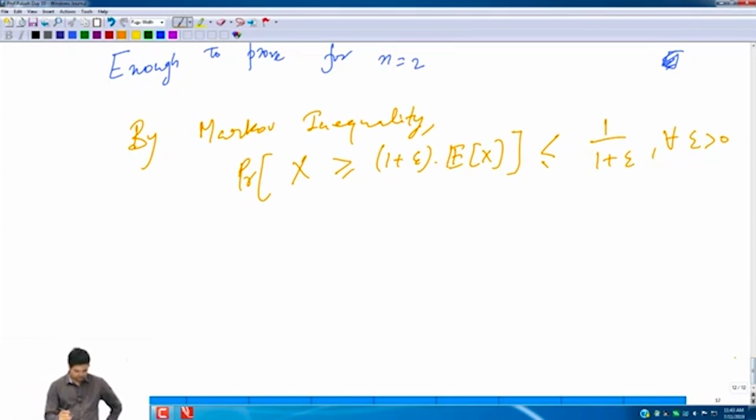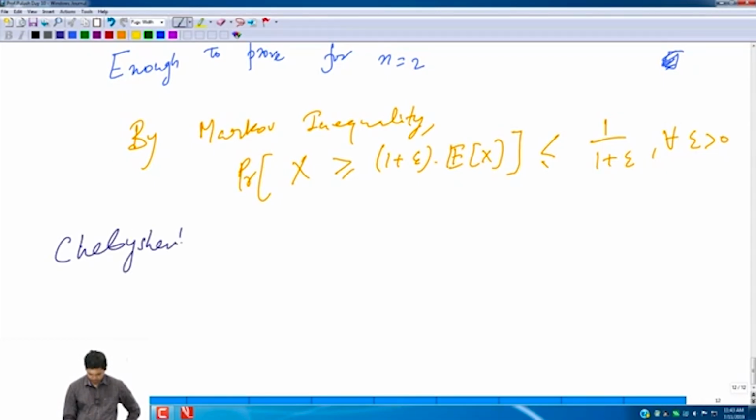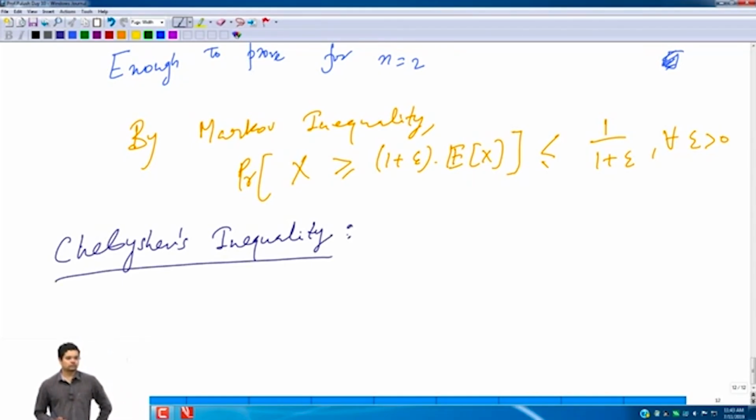Our next inequality is Chebyshev's inequality. What does it assume? It does not assume x to be non-negative like Markov.